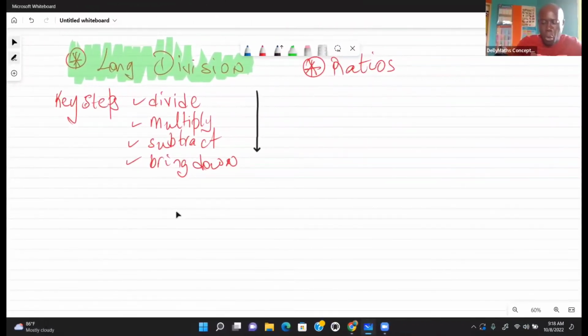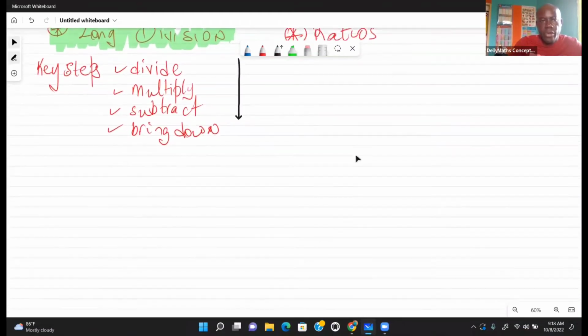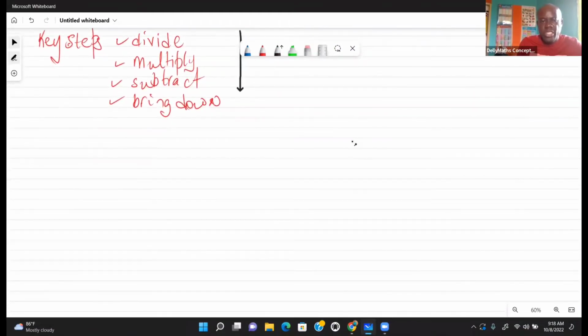Let us jump at this now. Let us look at some things here that when we're doing our long division, we need to know, things that we're going to put here on the board. Now the number that you put here is called the divisor.